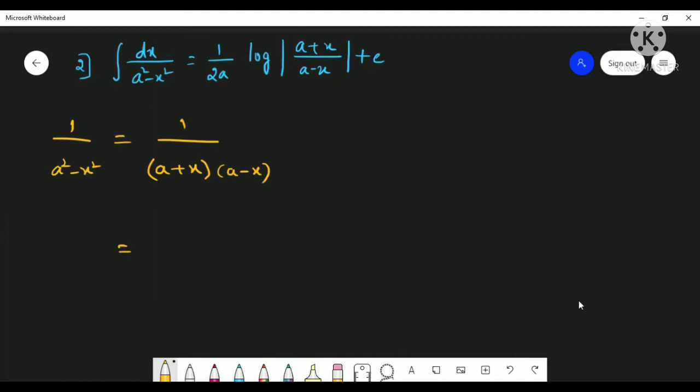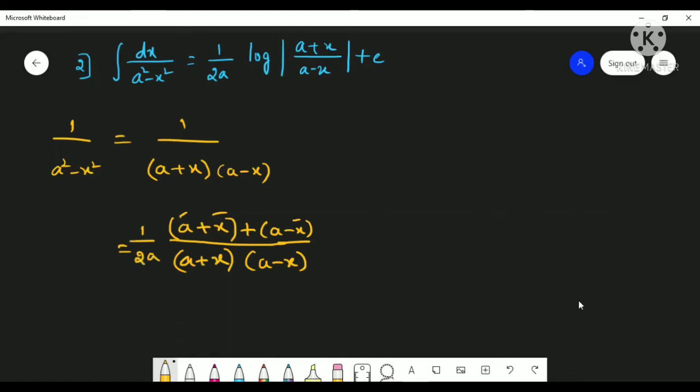Denominator I am writing as it is, a plus x into a minus x. In the numerator I will write a plus x plus a minus x. Minus x and plus x will get cancelled. What is left is a plus a, 2a. That's why I will divide by 2a. Be careful: in the first problem it is a minus, here plus.